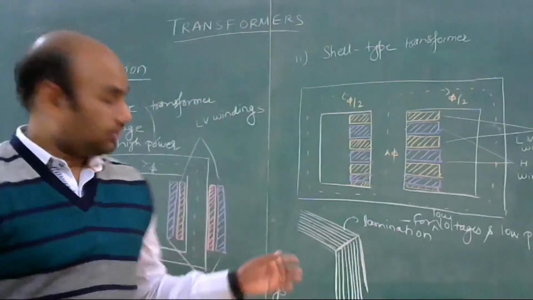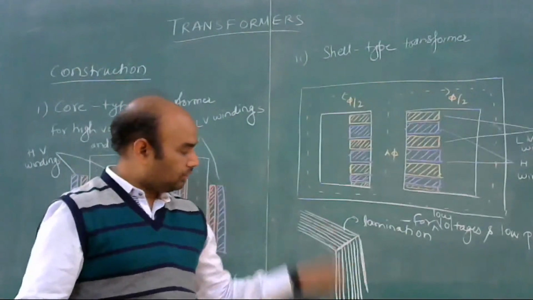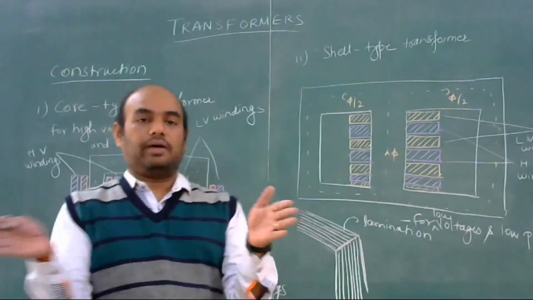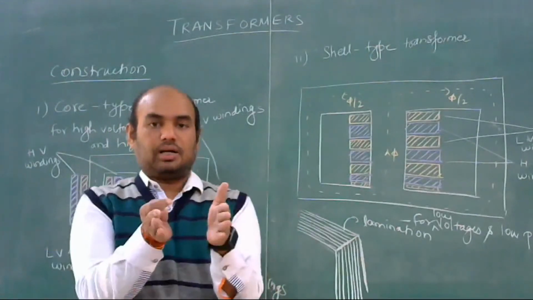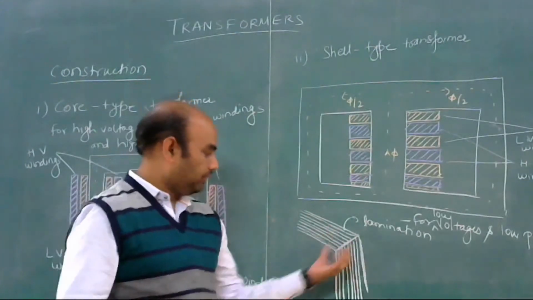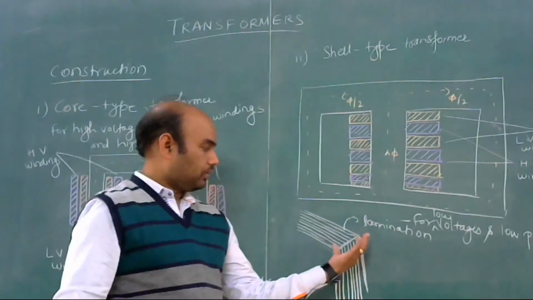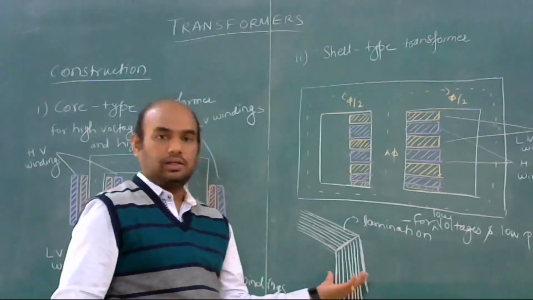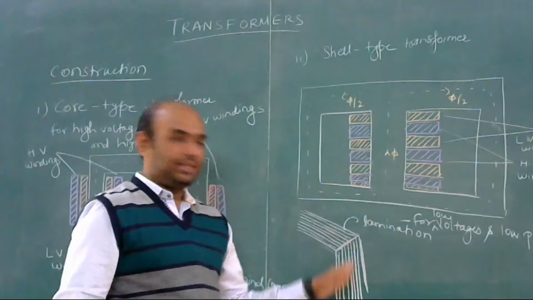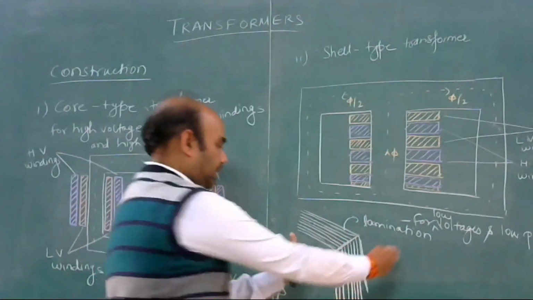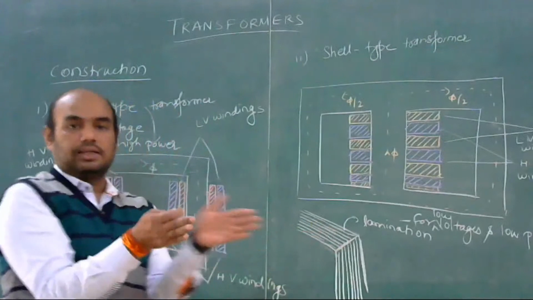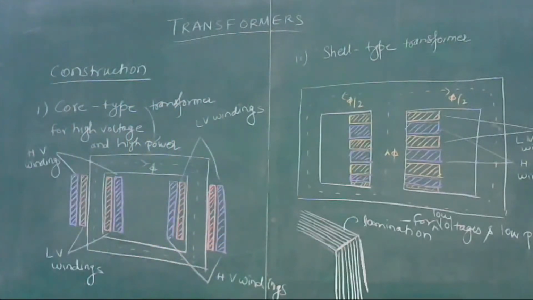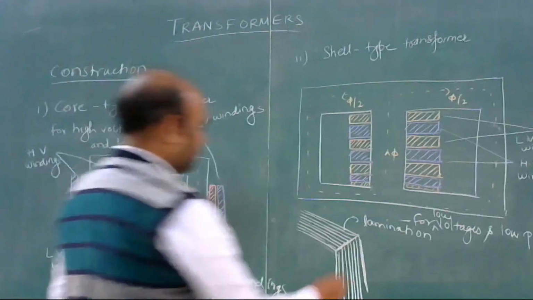There are n number of these thin sheets, and they are pressed against each other. We don't use a solid block of silicon steel. We use thin sheets of silicon steel pressed against each other to form a core. So this is a stack of silicon steel laminations.